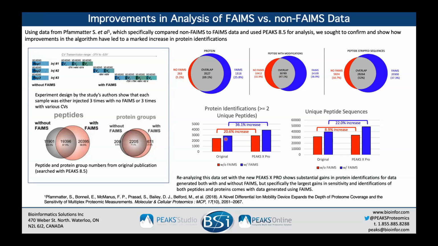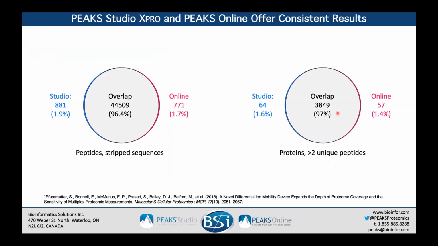That's just due to the better feature detection and better identification as the software has evolved since 2018. We see this both across proteins with at least 2 unique peptides, as well as just stripped unique peptide sequences. And how does this look in Online?